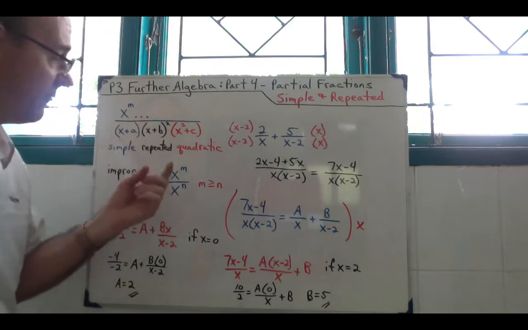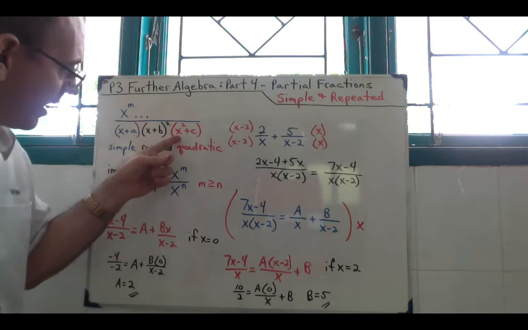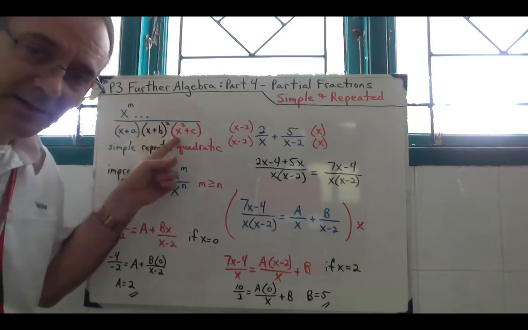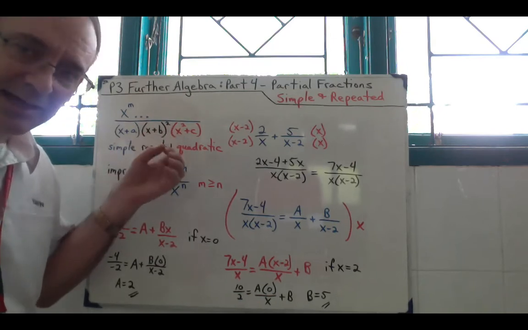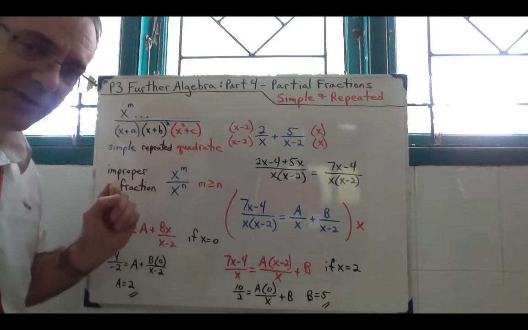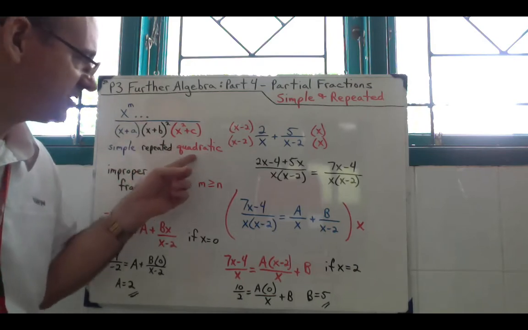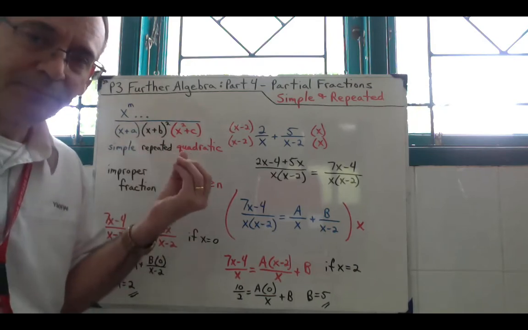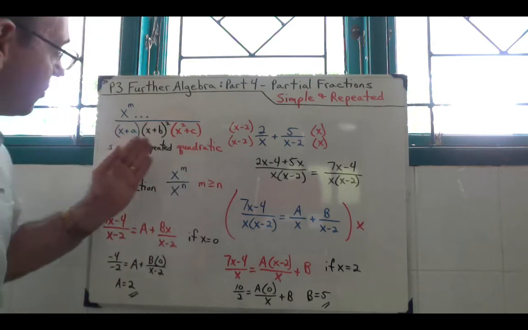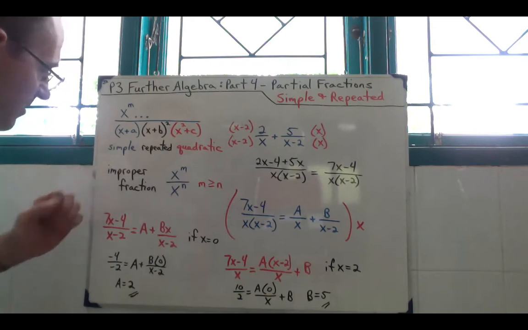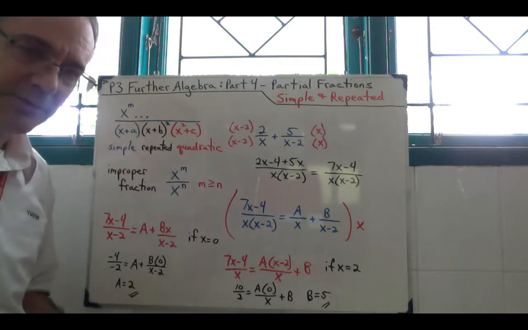Or we could have a factor with a square on our variable inside the factor, in which case this is considered to be a quadratic factor in the denominator. So these are our different ones, and then there is the improper fraction.